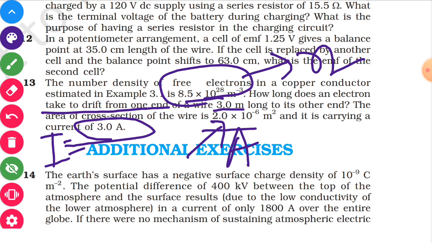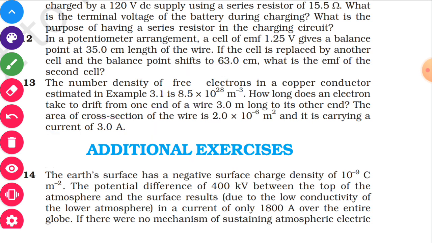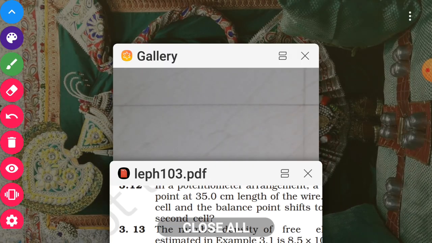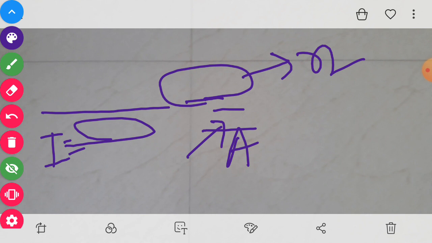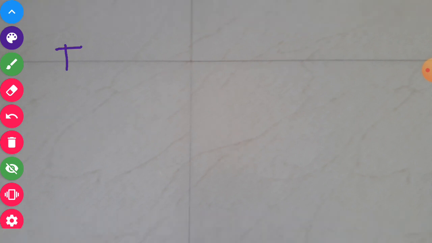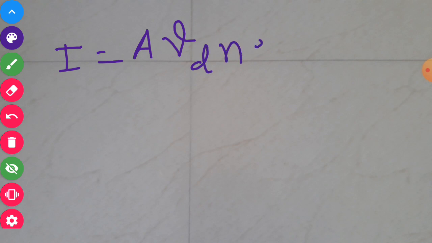Now easily you can calculate this, because I is equal to A Vd N E. This is a very simple formula that we are using. Now see, this is the length of wire.